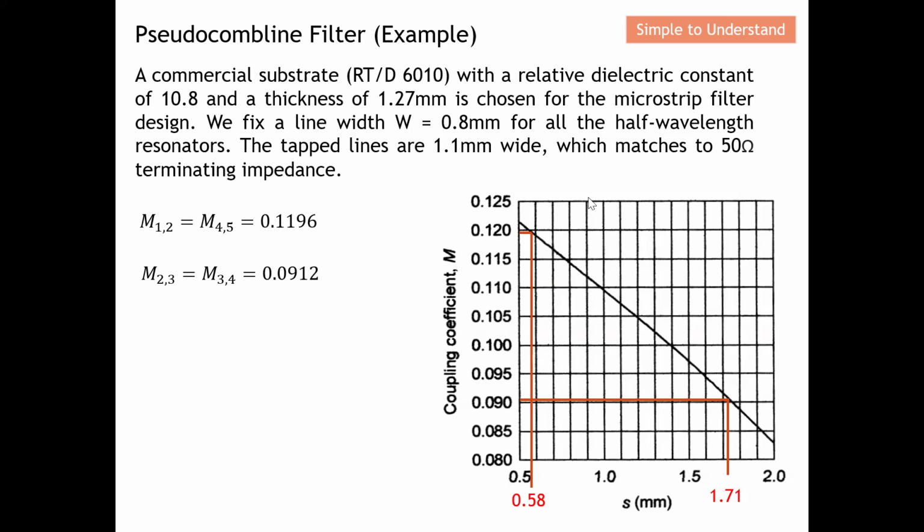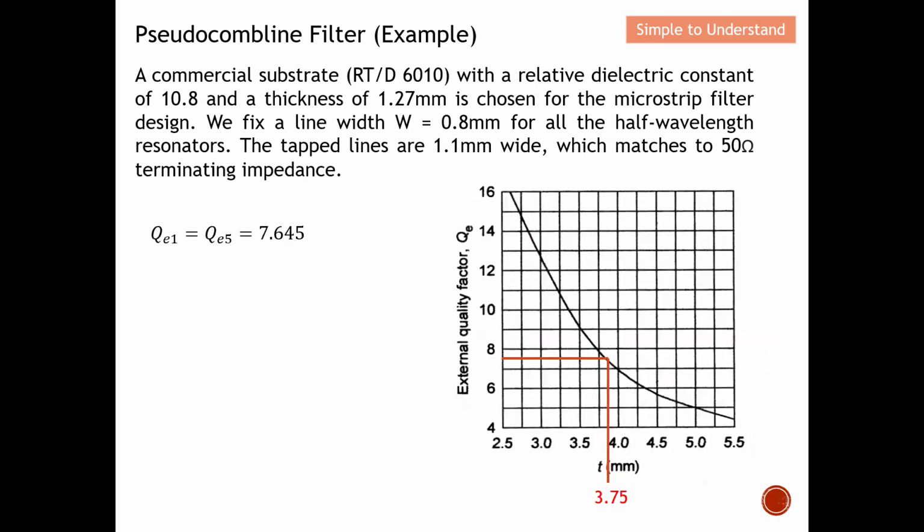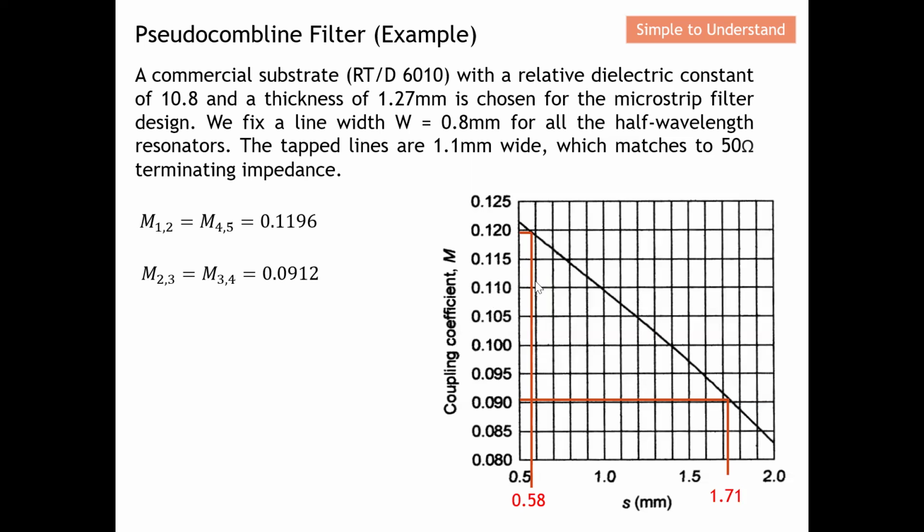Again, I would like to say a few words about how we actually get this graph: you run a so-called simulation. But don't worry, I will put the video that designs this external quality factor and also this coupling coefficient, showing how we can plot this line here, into the description.